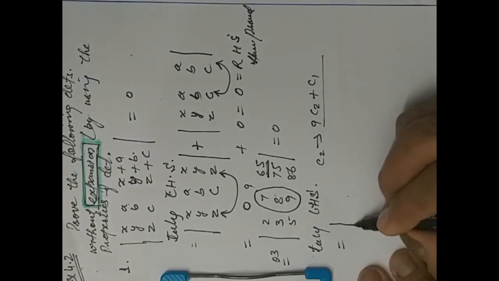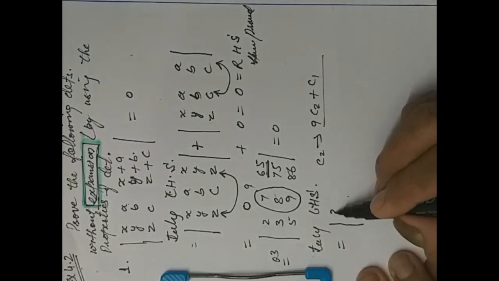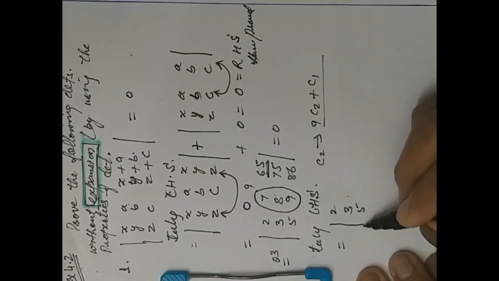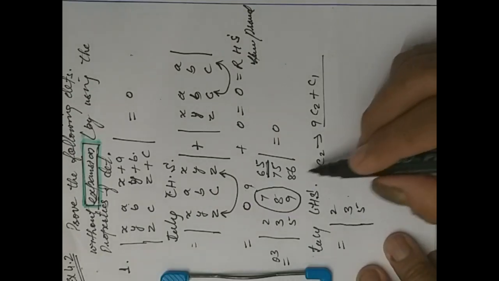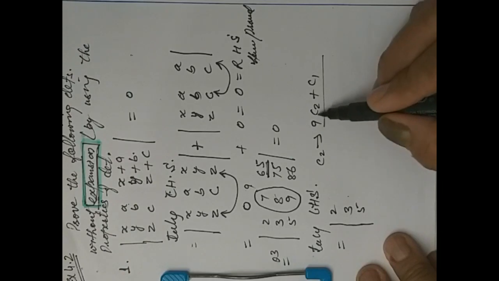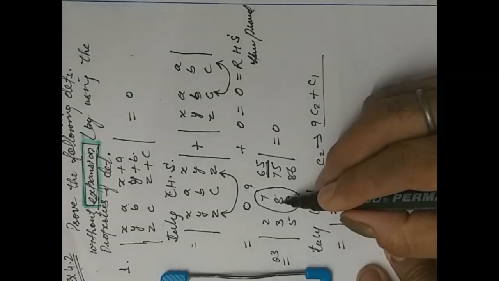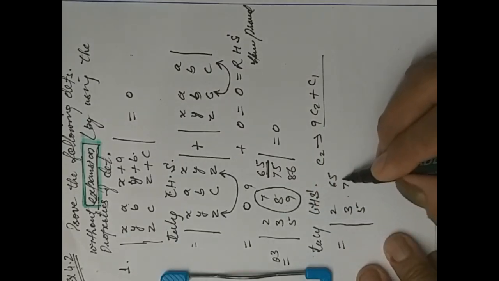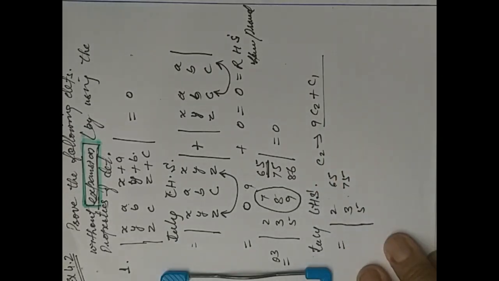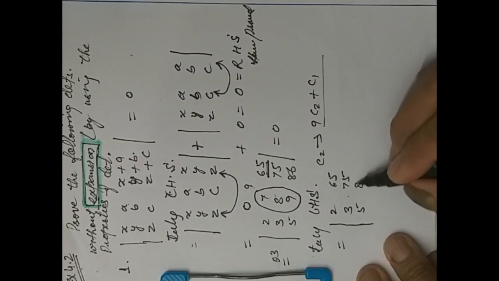So what we are going to do here, C1 doesn't change, so 2, 3, 5, that is same only, and then C2 in place of C2. Now multiplying 9 by C2, 9 7 is 63 plus 2, 65, then 8 9 is 72 plus 3 is 75, and 9 9 is 81, 81 plus 5, 86.